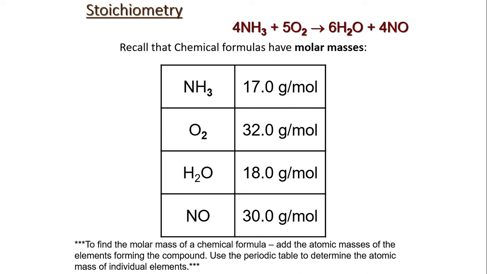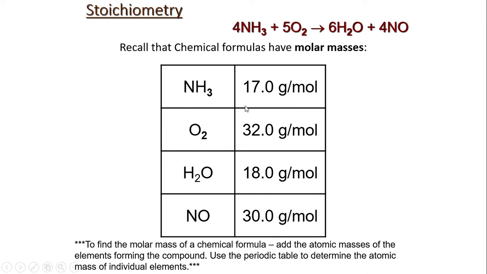This is the standard measurement. And we have oxygen, 32.0 grams per mole, and water, which is 18.0 grams per mole, and NO, 30.0 grams per mole. To find the molar mass of a chemical formula, you just add the atomic masses of the elements forming the compound. You use the periodic table to determine the atomic mass of individual elements.